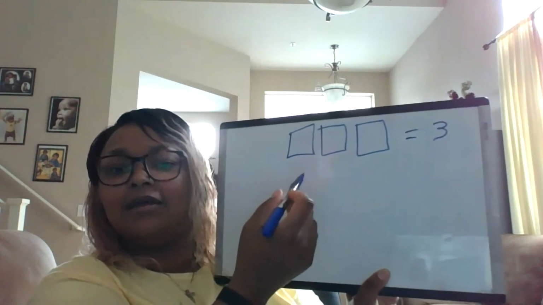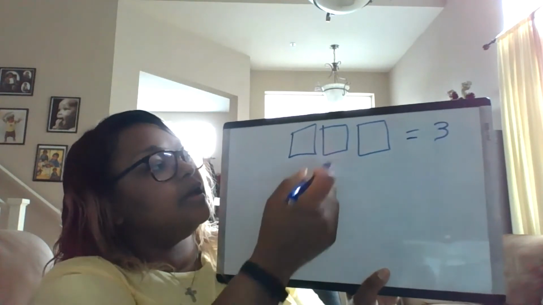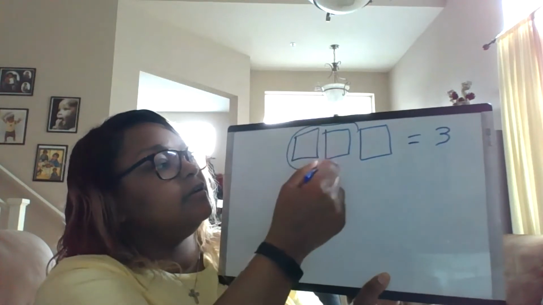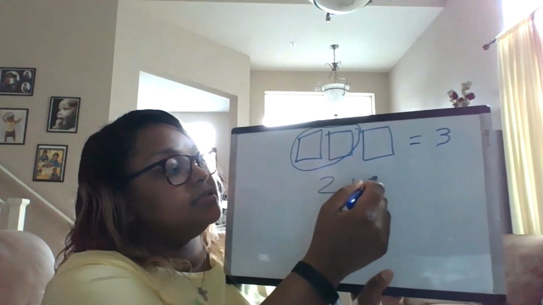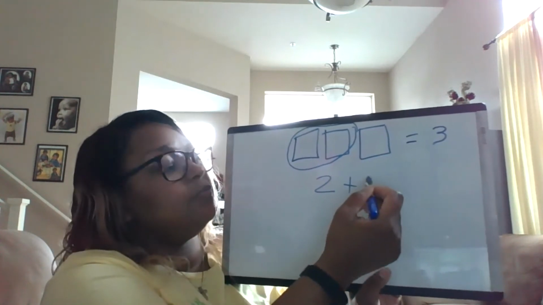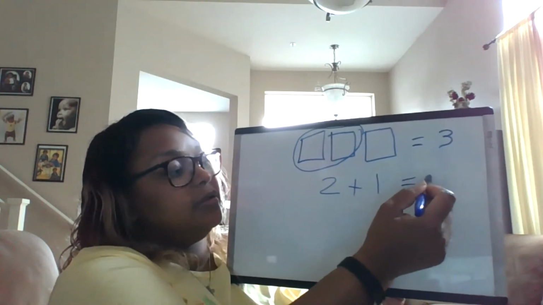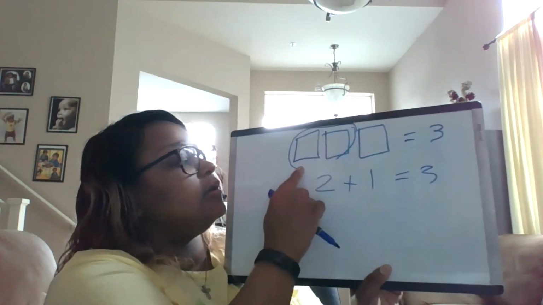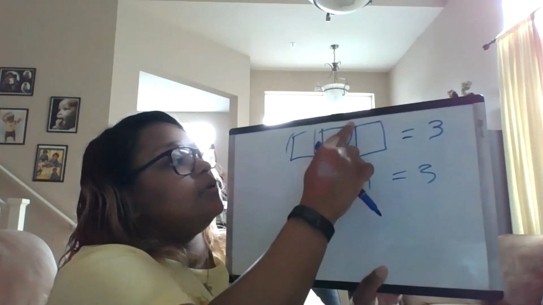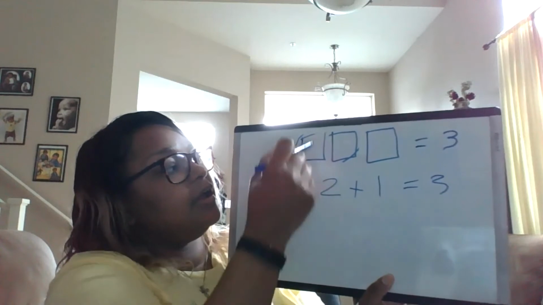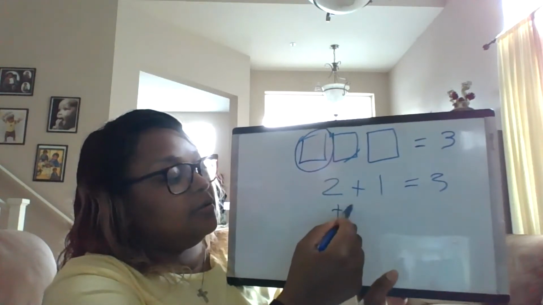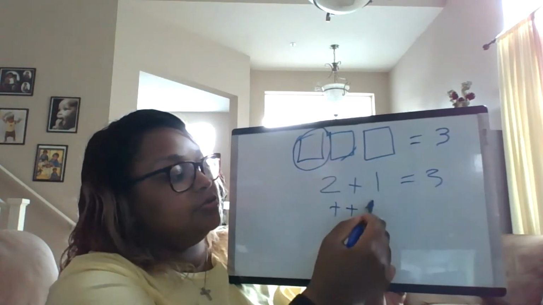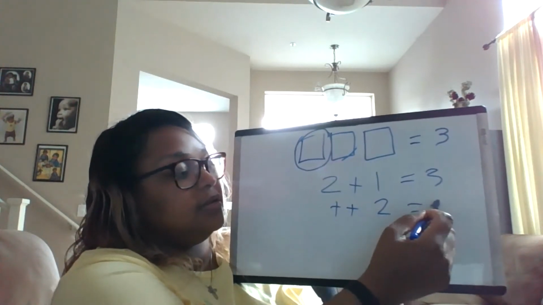So how can I make 3? Okay, if I circle it here, I can say 2 plus, how many's on the outside? 1 equals 3. Okay. If I circle just this one, then I know I have 1 plus 2 equals 3.